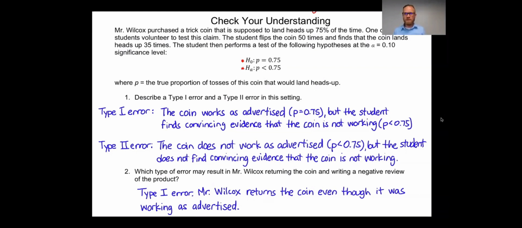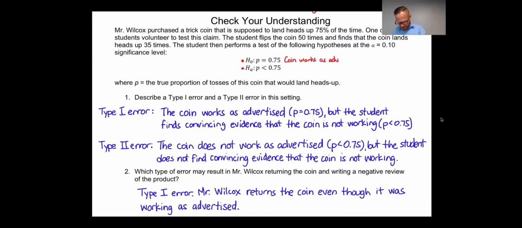So in this problem, the null hypothesis saying that P equals 0.75, that means the coin that Mr. Wilcox has purchased is working exactly as it should, right? The company claimed that 75% of the time it lands heads. So the null hypothesis is really saying that the coin works as advertised.